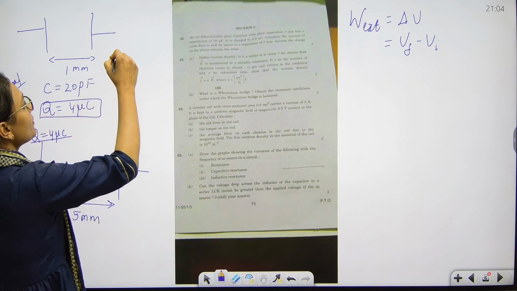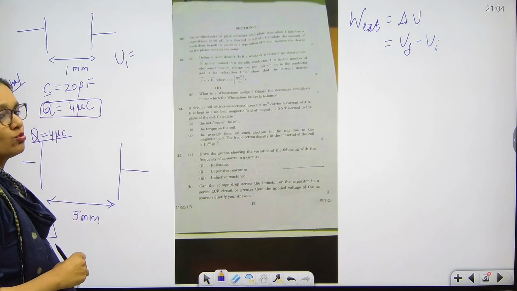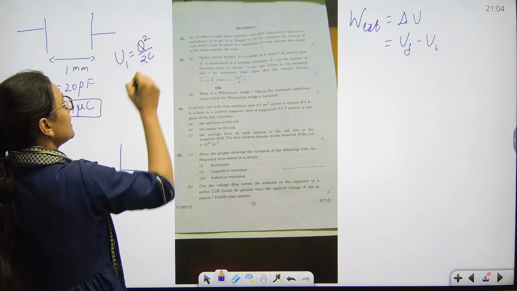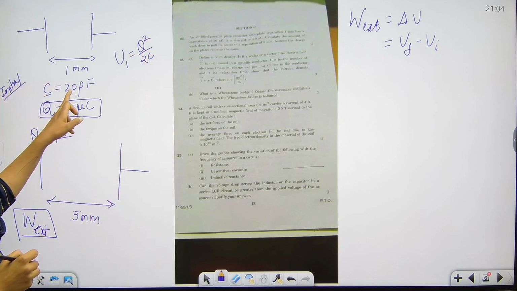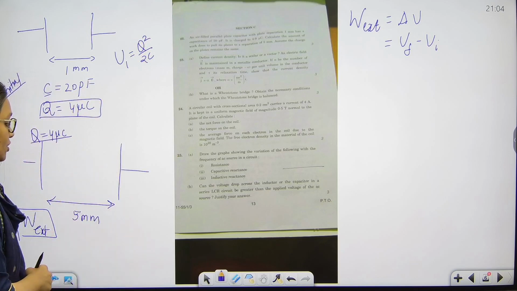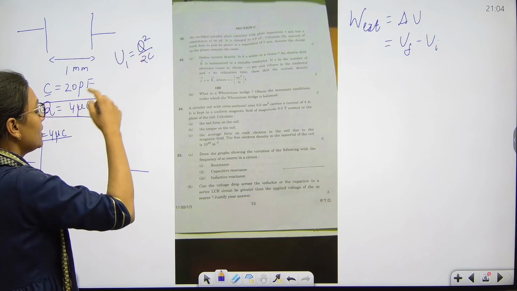So here the initial potential energy will be, with C and Q we have, Q square divided by 2C. Initial capacitance was 20 picofarad. The new capacitance, can we check what will be the change in it? I'm not putting the value here.